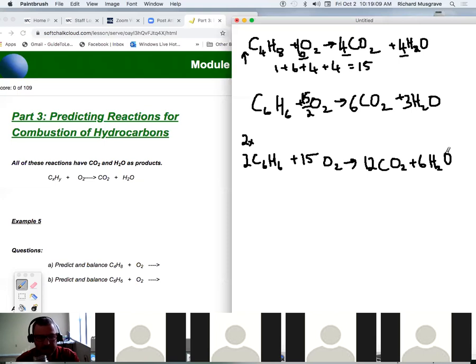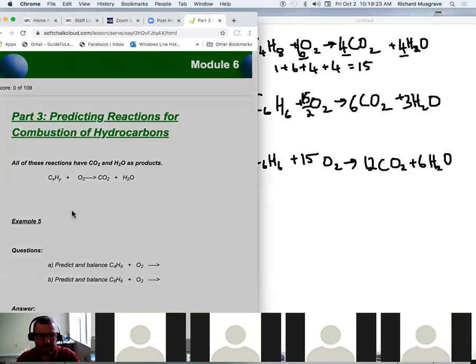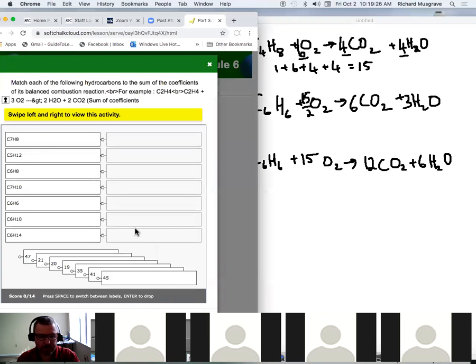Okay, does anybody have any questions about hydrocarbon balance? I do like this interactive exercise in the SoftChalk as well. Take a look at these and see if you can determine whether you're going to have to multiply by 2 or not.